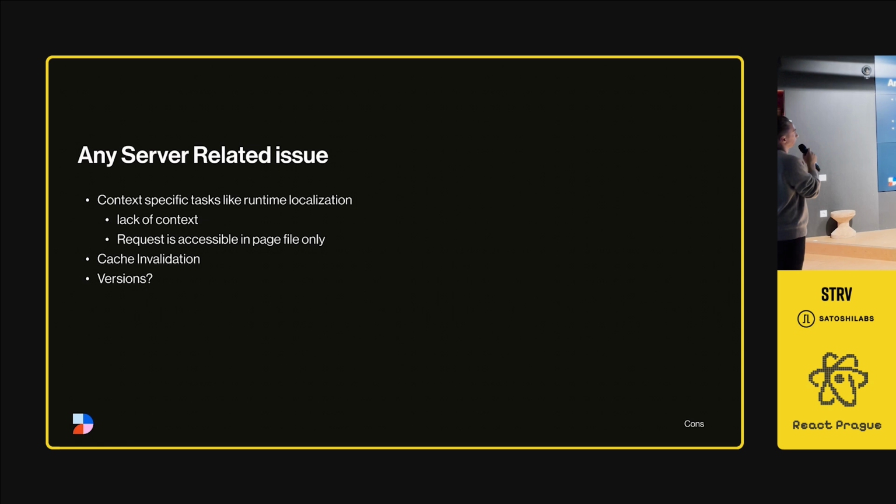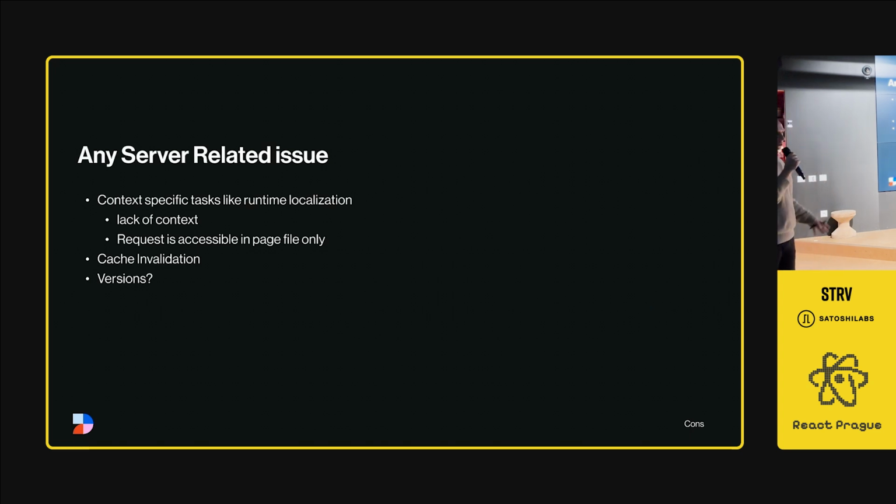And the one thing that everybody kind of overlooks is the issues that are related to any server, Node.js, anything else, because you have to deal with all of these issues within Next.js, which is not a server-first, backend-first framework.